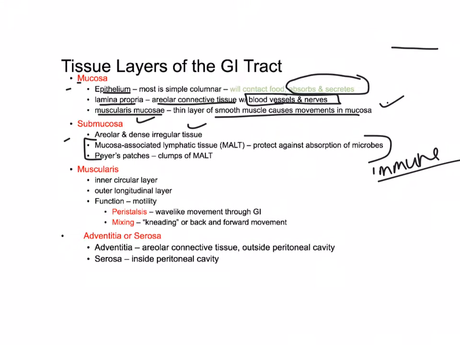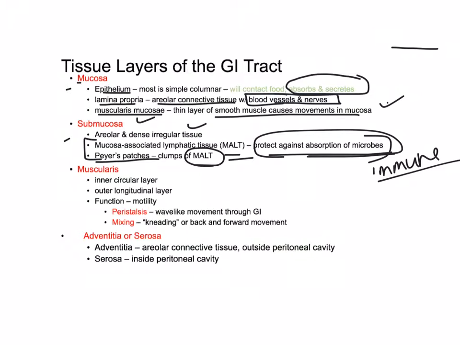It has cells in there called mucosa-associated lymphatic tissue, or MALT. Then it has clumps of MALT cells, which are called Peyer's patches. The function of these is to protect your body and your blood from microbes getting in through your food. They protect against the absorption of microbes, so it's kind of a line of defense.